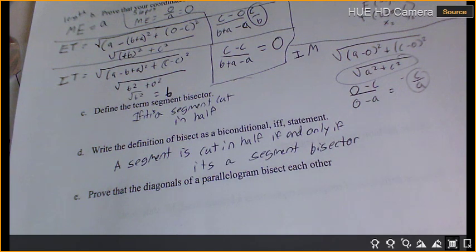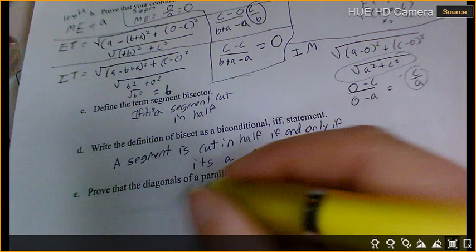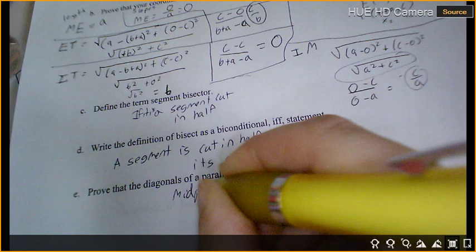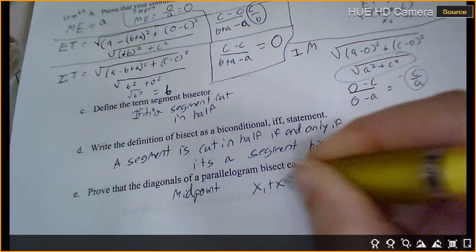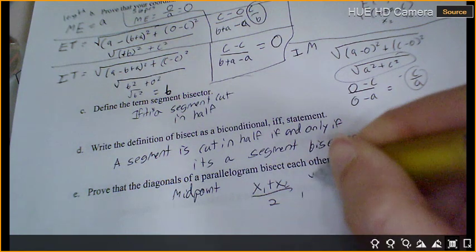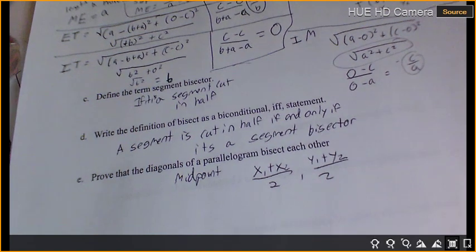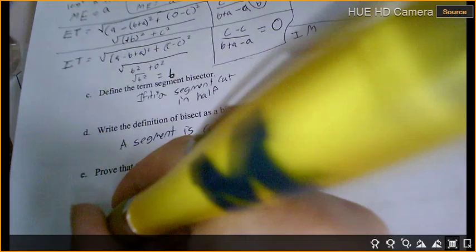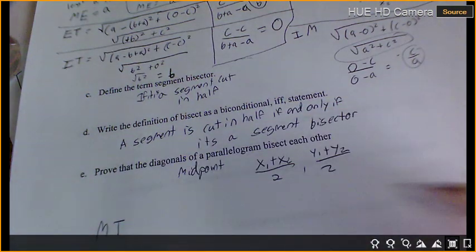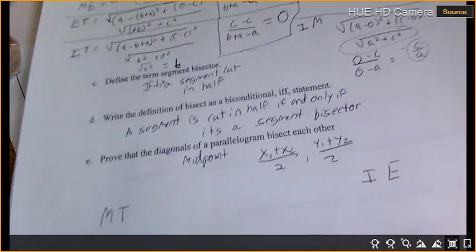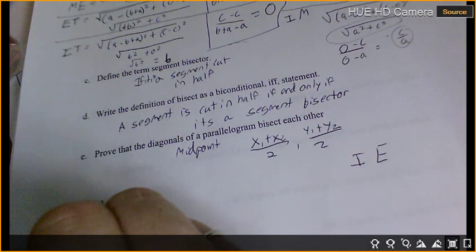Last thing we're going to do on this page is prove that the diagonals bisect each other. If we're proving diagonals bisect each other, what formula do we need to use? Midpoint. The midpoint formula again is x1 plus x2 divided by 2, y1 plus y2 divided by 2. So we're going to have to find the midpoint of M to T and the midpoint of I to E. First I'm going to write down the points for M and T again.